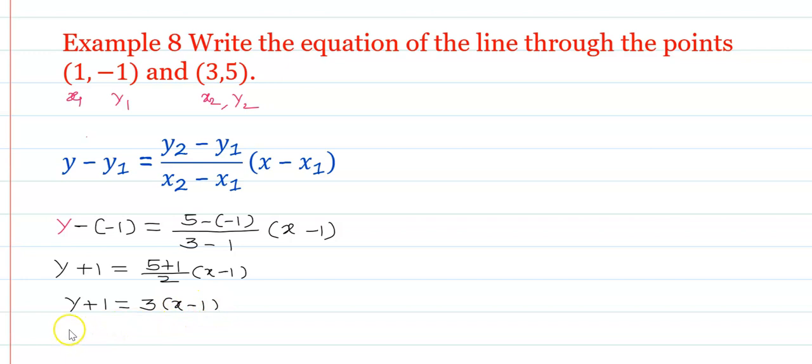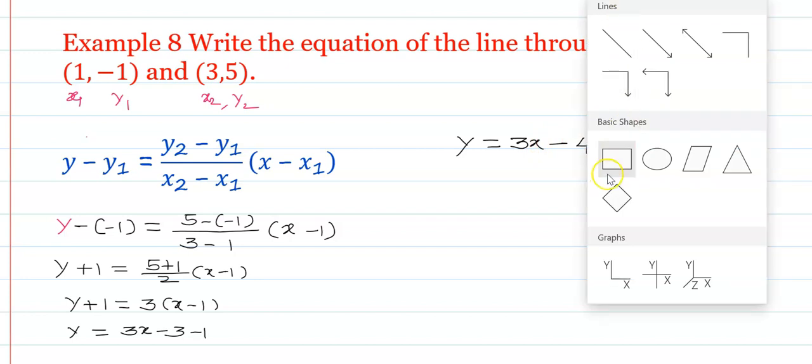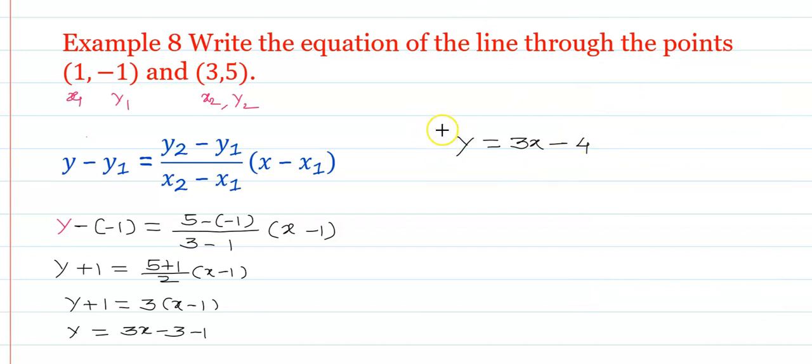Then y is equal to 3x minus 3, and when we transfer the plus 1 it becomes minus, and therefore the equation of the line is y is equal to 3x minus 4. This is the equation of the line by the two-point form, not the slope-point form.